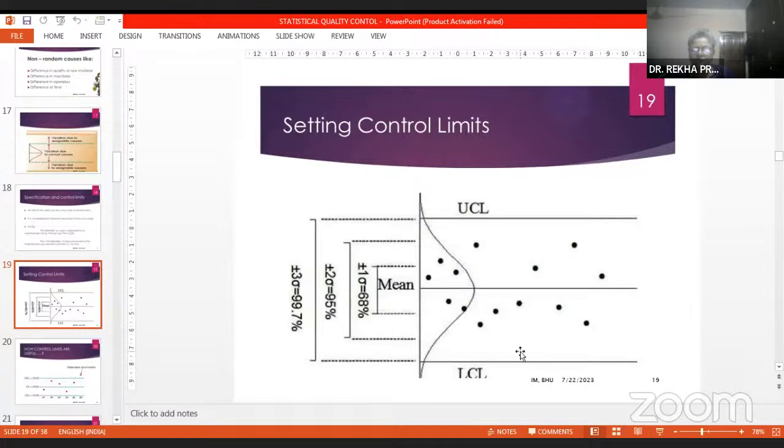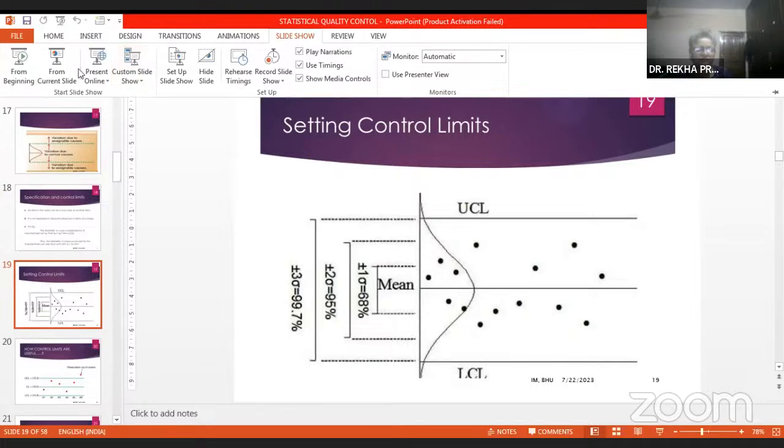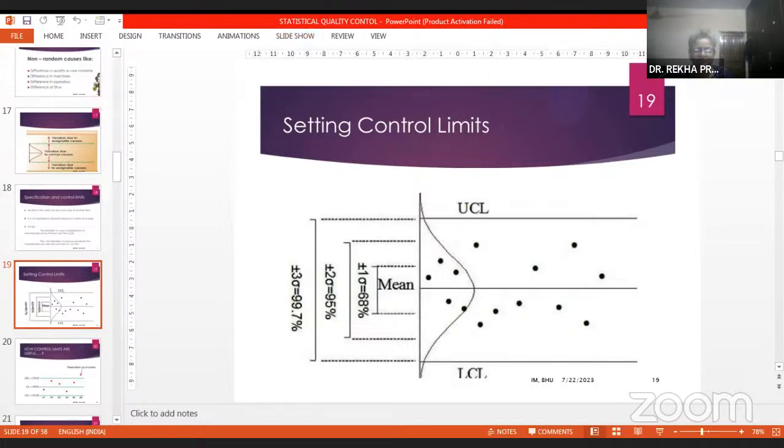So this is your curve, your normal curve. This is the mean at the center. About 68% lies between plus minus 1 sigma.